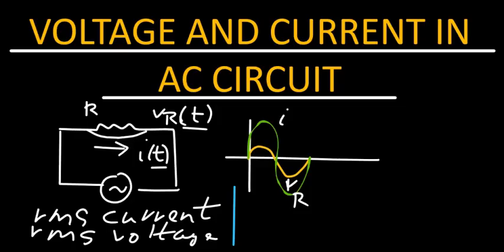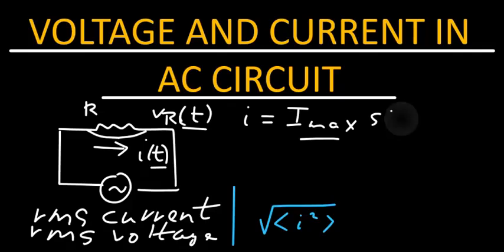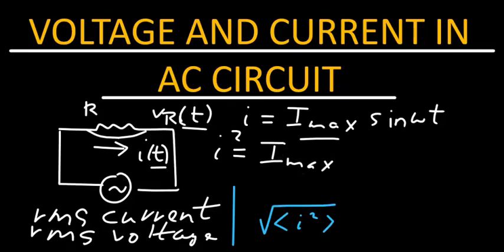For example, an RMS current or root mean square current is the square root of the average of the square of the current. What that means is, if I is given by I max, the amplitude, times sine omega t, then you see I squared is I max squared sine squared omega t.